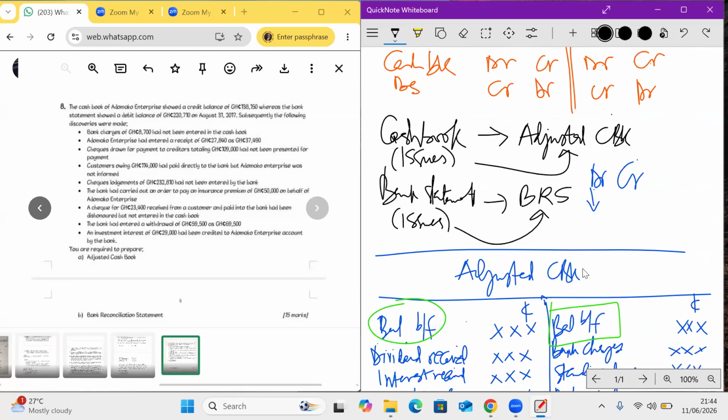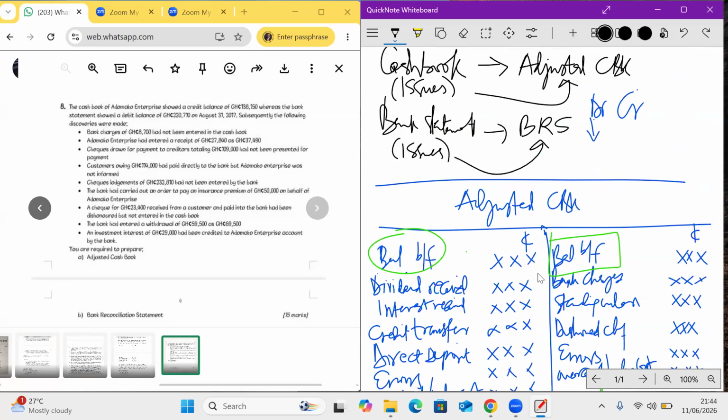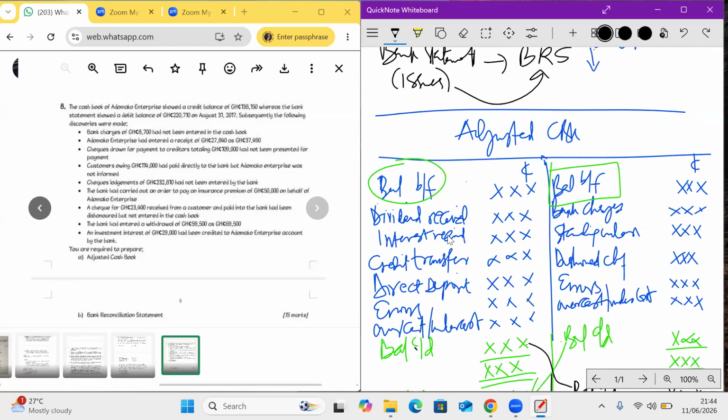On the debit side of the adjusted cash book are recorded items on the credit side of the bank statement which are not on the debit side of the original cash book. Three, the credit side of the adjusted cash book records items which are not in the original cash book but are on the debit side of the bank statements.